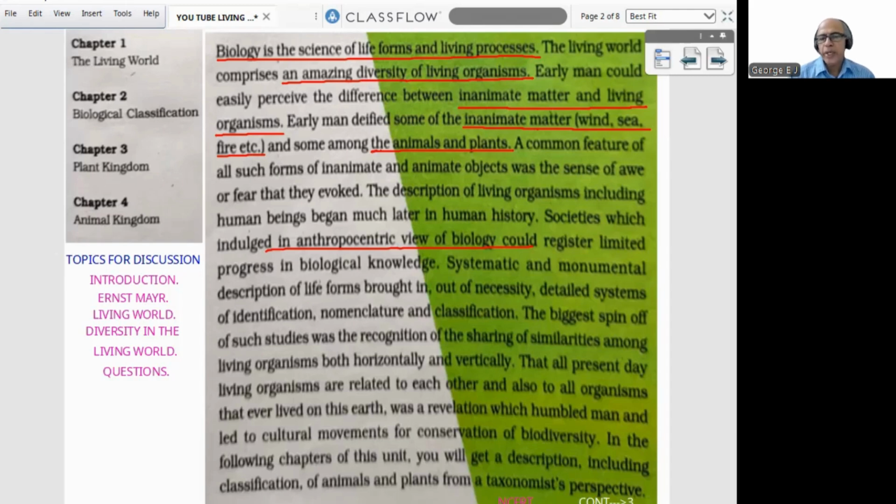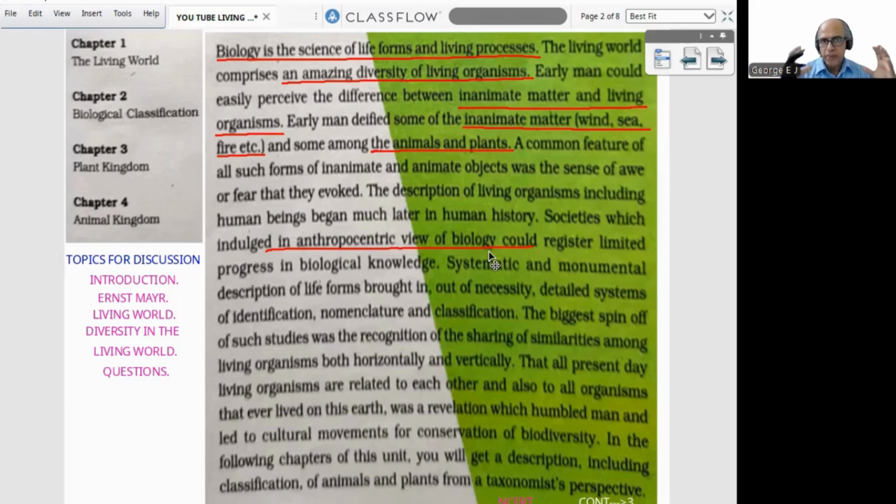And in this modern world, you can find it is man-centered events. So humans dominate this world. So there is a branch in science that deals with the study of human beings. That is called anthropology. So here you can find a statement: Societies which indulged in anthropocentric view of biology could register limited progress in biological knowledge.